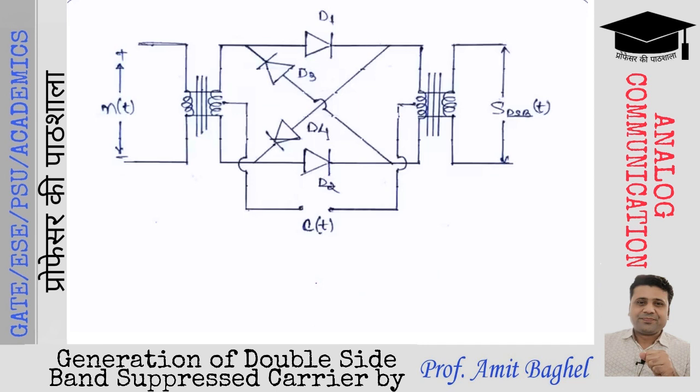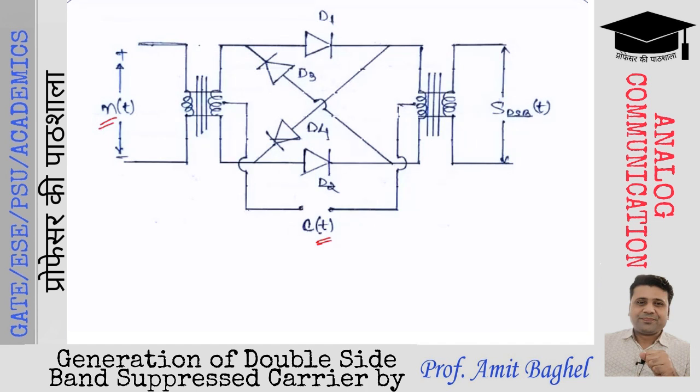This is the block diagram of the ring modulator. Here we have input as message signal and carrier signal. We have m(t) and c(t) as the input, which we are going to apply in the ring modulator.